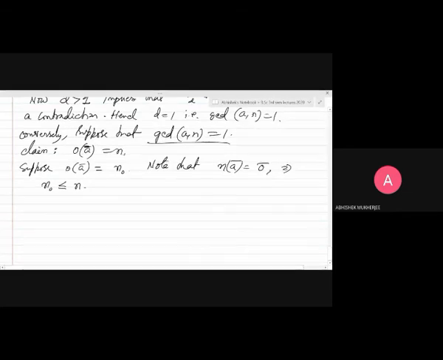So GCD of a comma n is 1. Then what can you say?